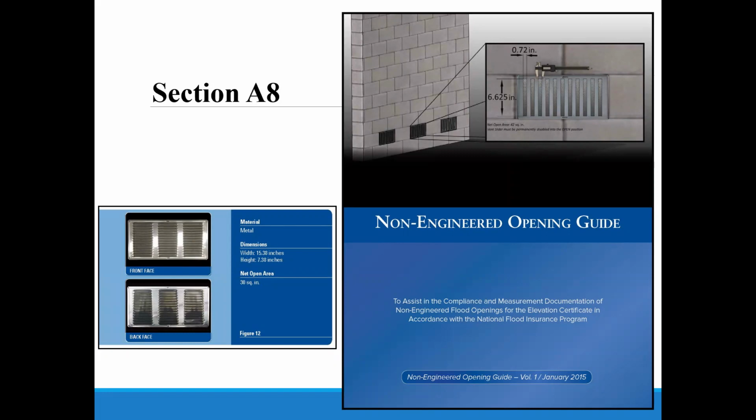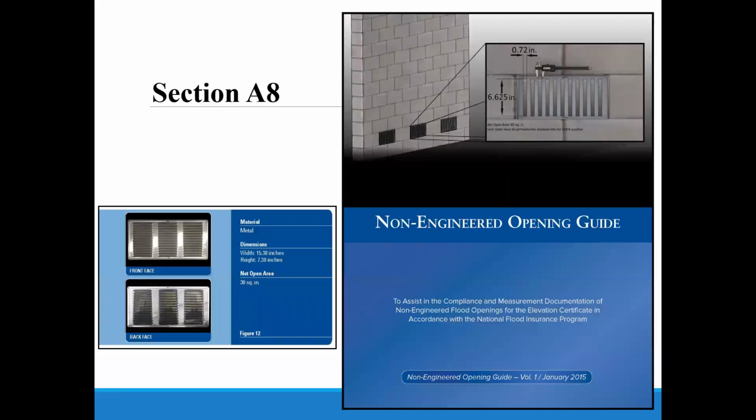This is the non-engineered opening guide, and it's basically just a guide of common coverings that you would see. It guides you through typically the net opening that you're going to see for that, to make sure that any coverings that are used are still going to leave you with enough net opening to meet that 1-to-1 ratio.